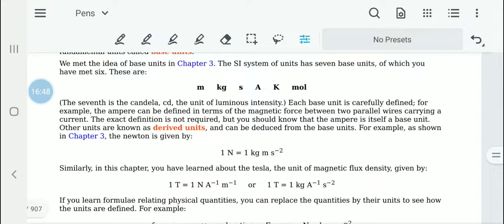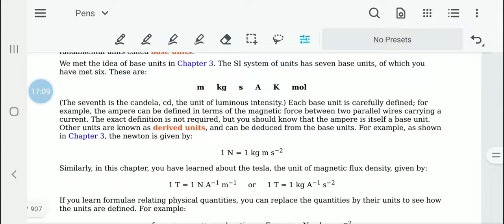So you can refer to it from the equation. That is the amount of force that is needed to accelerate 1 kilogram of substance at 1 meter per second squared, which we refer to as 1 Newton.